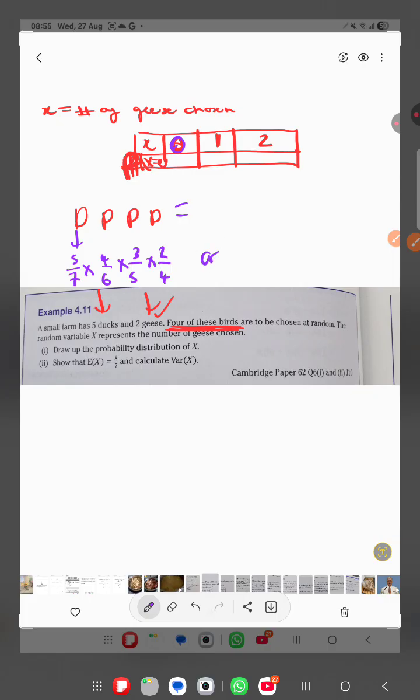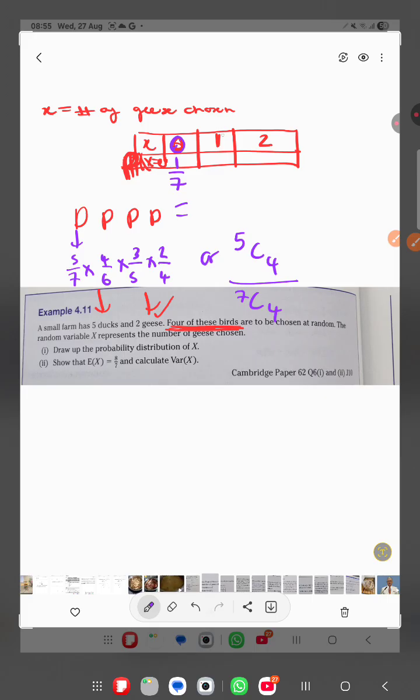Or I could say, how many ducks? Out of 5 ducks, I choose 4, divided by unrestricted, which is 7 choose 4. I believe that is the answer. And the answer is 1 out of 7. All right, I hope that makes some sense.